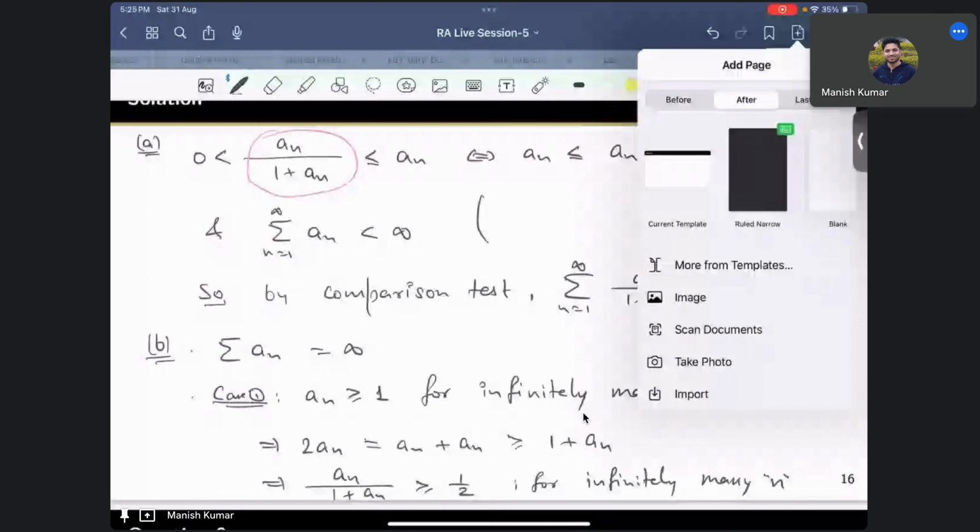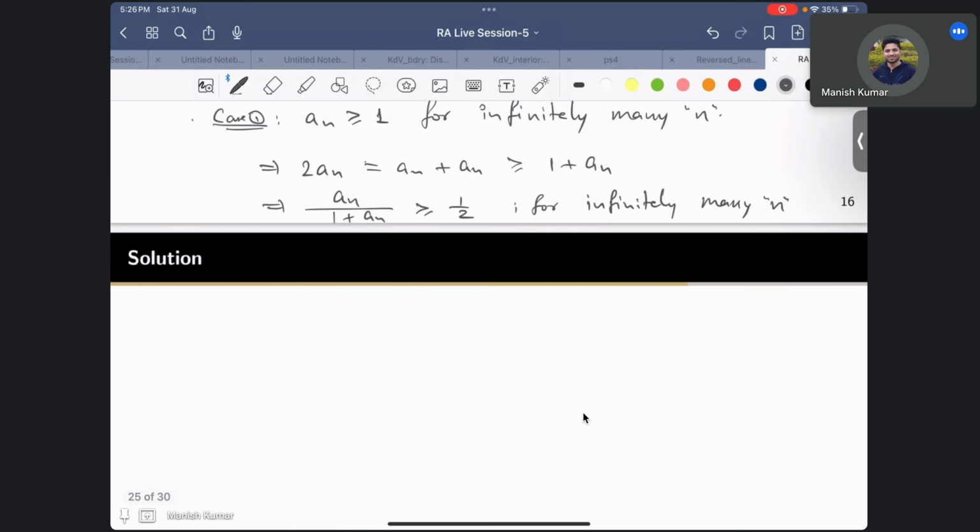Now once I have this kind of bound, this will tell me that this limit is not going to be 0, because if I say that the limit is 0, then that would mean that this term is close to 0 for infinitely many n's.